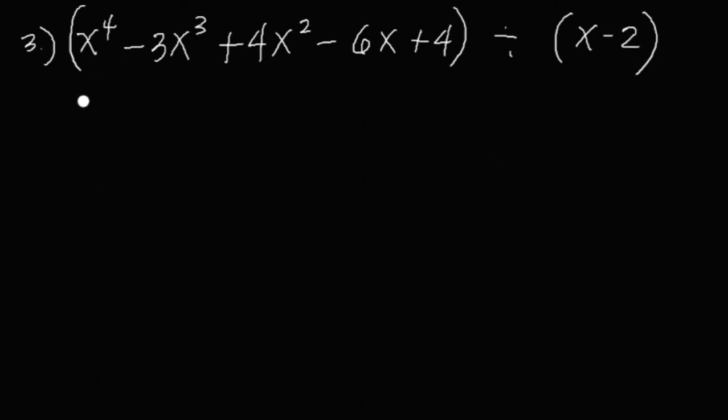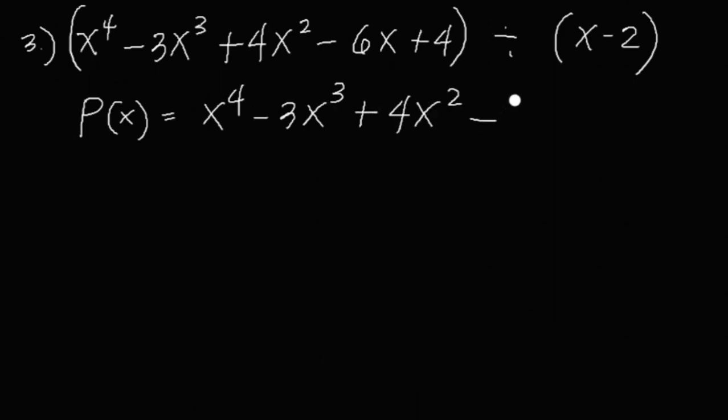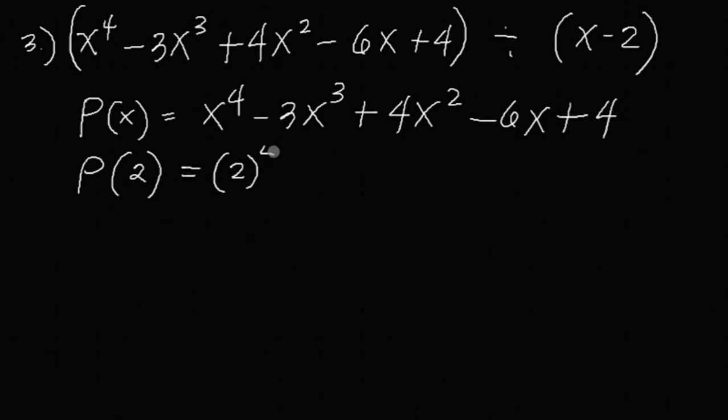So our polynomial is x raised to 4 minus 3x cubed plus 4x squared minus 6x plus 4. So the value of c here is 2, positive 2, right? So we're going to find p of 2 by replacing all the x's by 2.